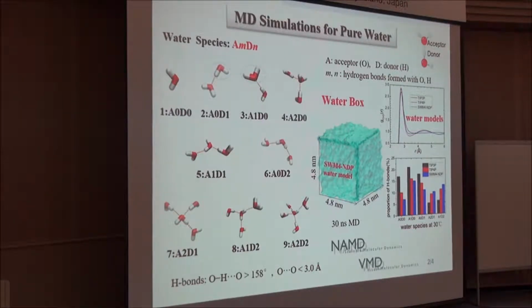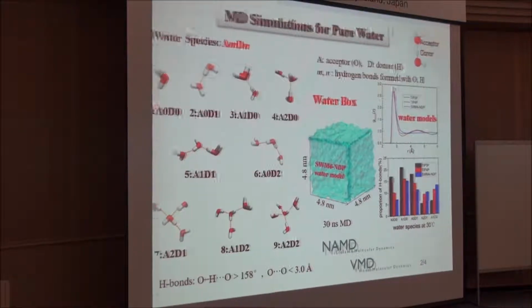M and N here represent the number of hydrogen bonds formed with oxygen and hydrogen atom respectively. We first compared 3 water models, among which we find this model is the best. Therefore, we use this water model in our simulations.